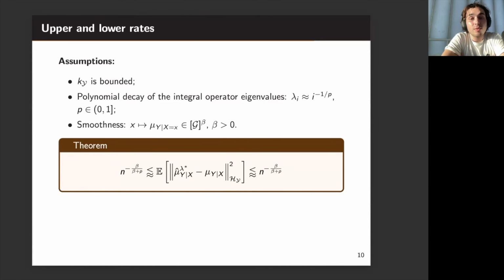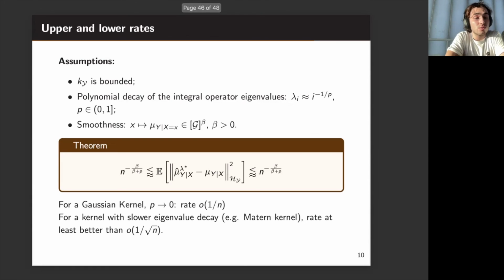We get a rate that is both an upper and lower bound on the performance, and that is 1 over n to the beta divided by beta plus p. So for example, if we use a Gaussian kernel, p can be taken arbitrarily close to 0, and we get a rate of roughly 1 over n.